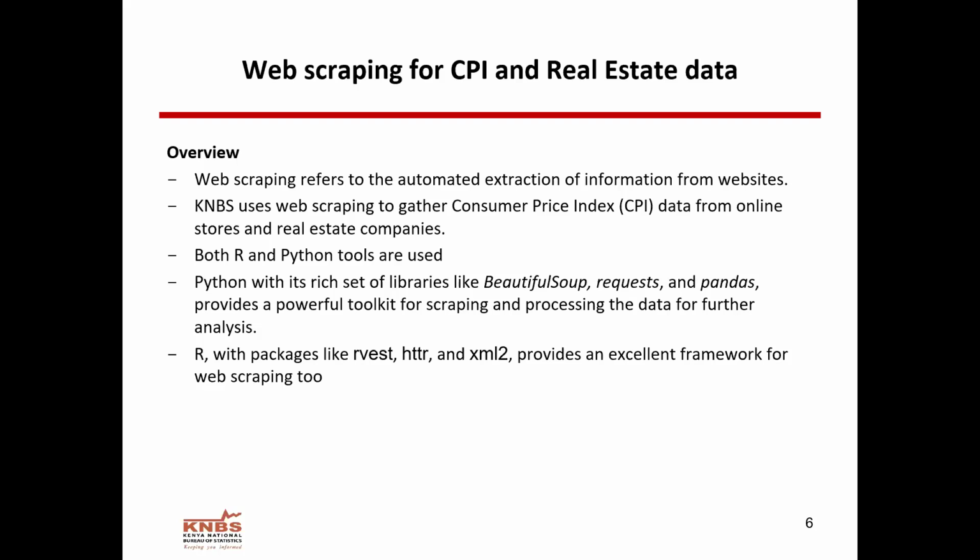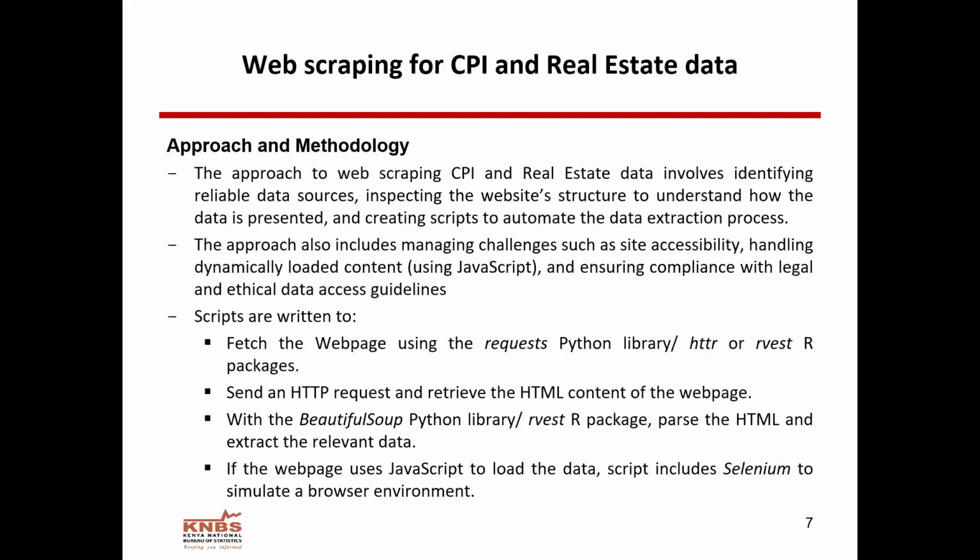Python has rich libraries like Beautiful Soup, Requests, and Pandas, which we use for web scraping. And for R, we have rvest, httr, and xml2, which are also very efficient when it comes to web scraping too. Next slide.